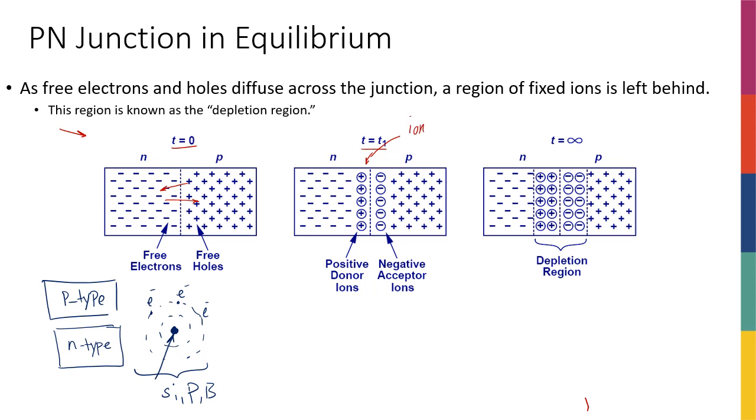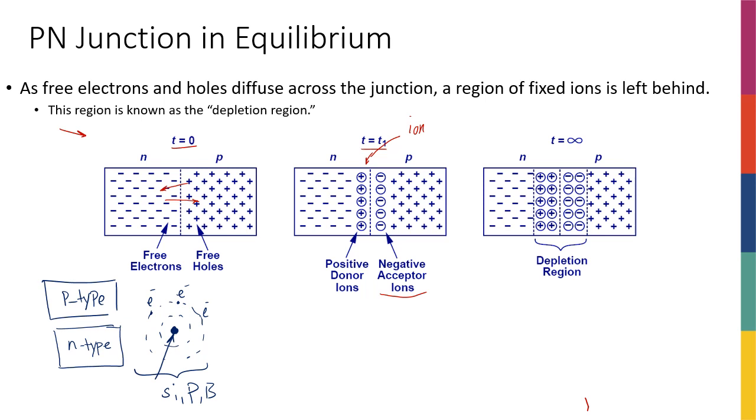So we're going to have some positive ions. And then we have a similar thing on the right side. When free holes move from right to left, we're going to have some negative acceptor ions, okay? So the more movement I'm having from diffusion, from right to left and left to right, the more of these ions I'm going to have, right?